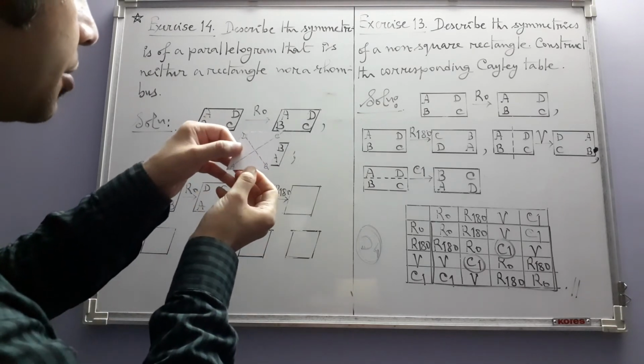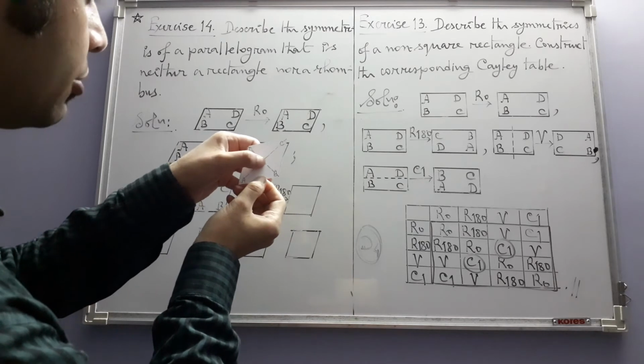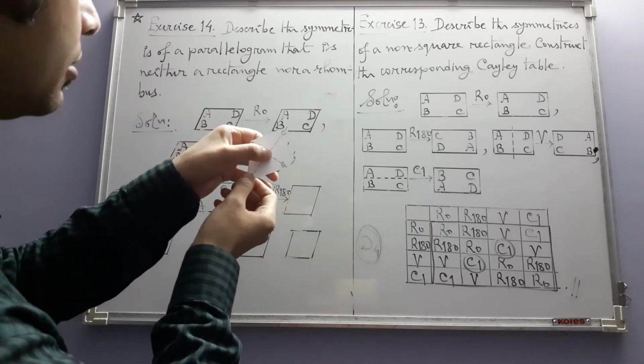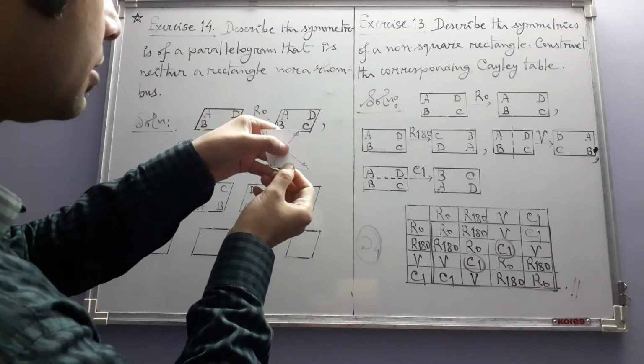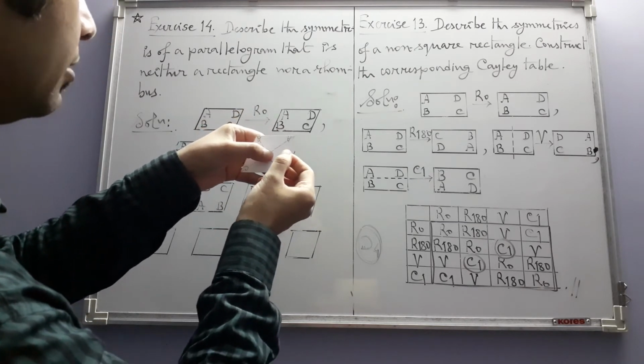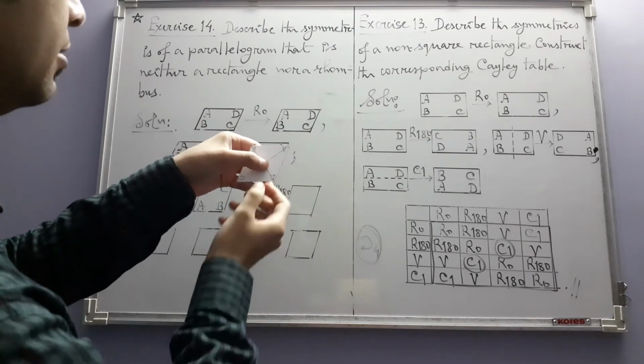R180, however, is an option, because I should grab it here, so that becomes the center of rotation. So this is 90 and this is 180.